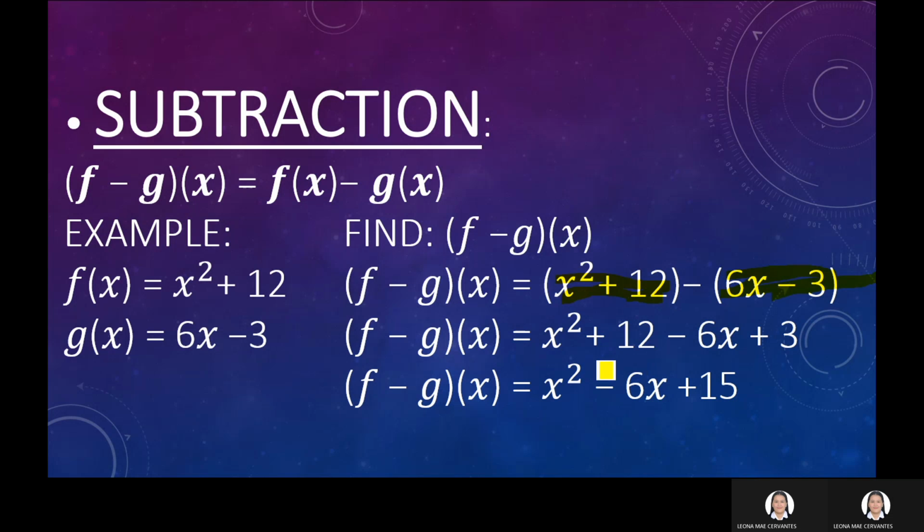So we have x squared minus 6x, then 12 plus 3 is equal to 15. Okay, so next.